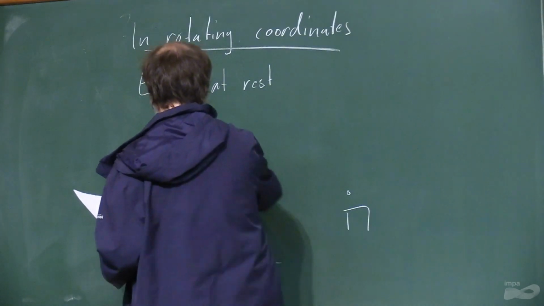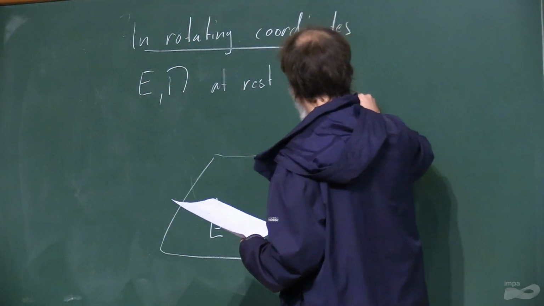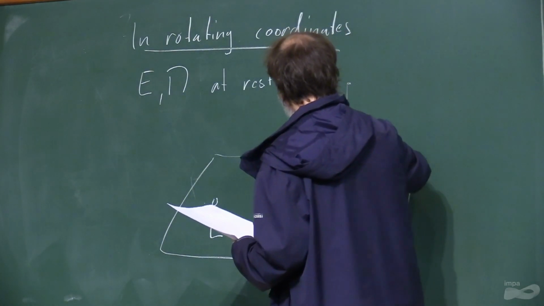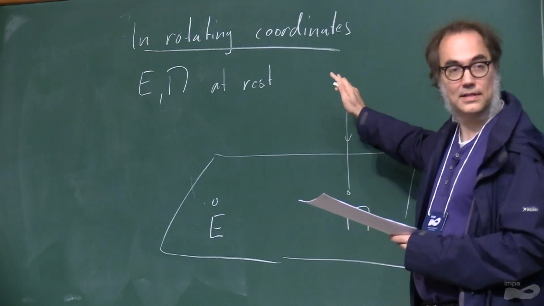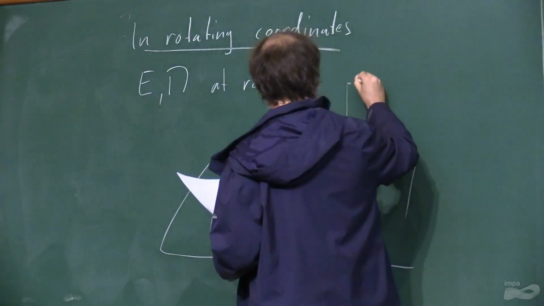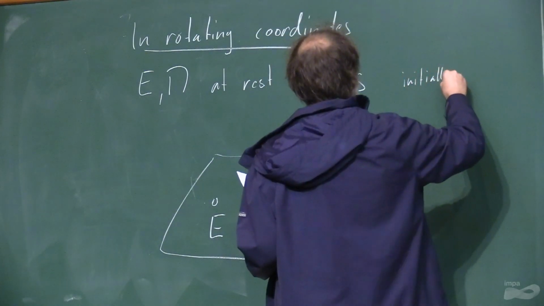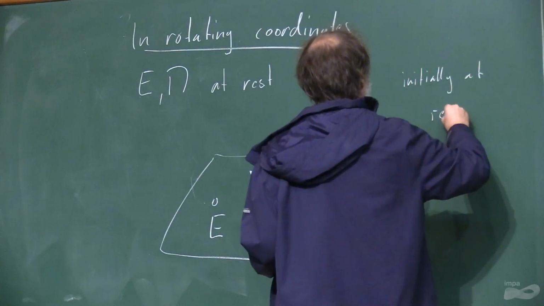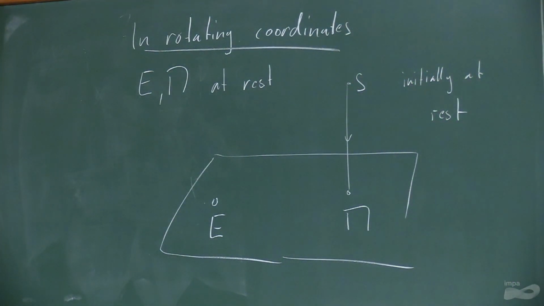Here is the plane. And in these rotating coordinates, the stone above the Moon also starts with zero velocity. Here is the stone, initially at rest.